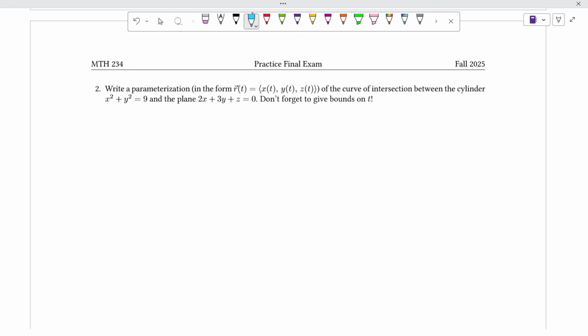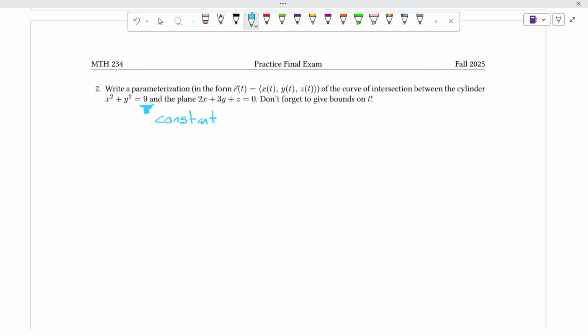So if we see the equation of a circle show up somewhere, we probably want to be thinking about sine and cosine. And over here, on that spot right there, where I see that x squared plus y squared is equal to a constant number. I see x and y. x squared plus y squared equals a constant number. That's my main indication that sine and cosine is going to be the better option for the parameterization. So I will start by parameterizing that circle equation.